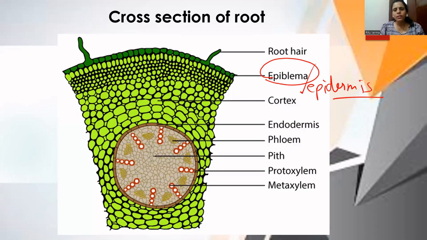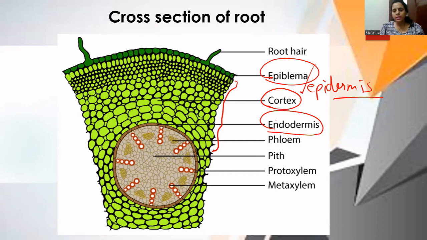And from these epidermal cells only the root hair cells arise. Now after epidermis, there is this group of cells. All these group of cells are known as cortex cells. And then comes the next layer of cells which is called endodermis.